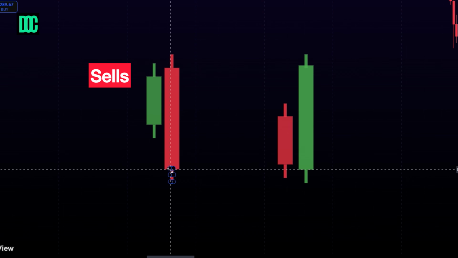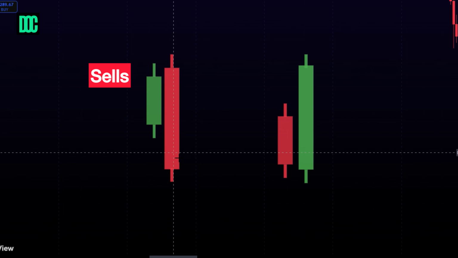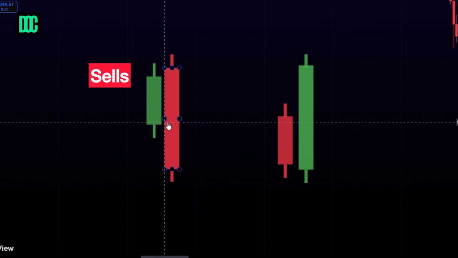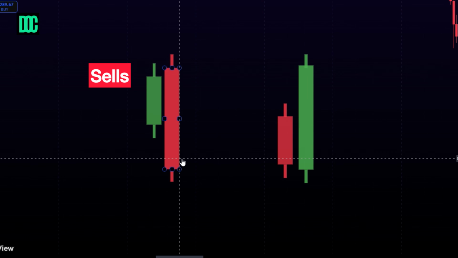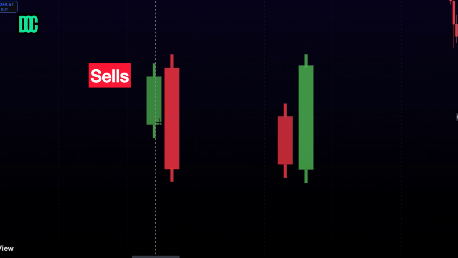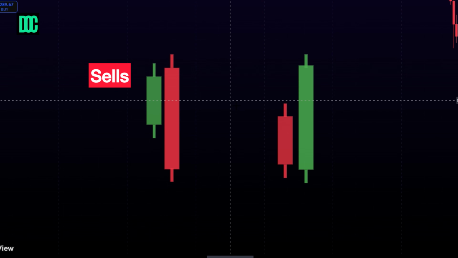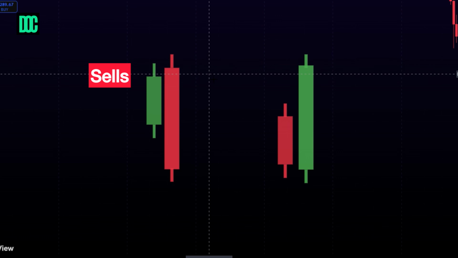And another thing about the body of an engulfing candle: if you want a strong signal in the particular direction you want to go in, whether it's a sell or a buy, that body should also close below or above the previous body. So in the case of looking for sells, the body should close below the previous candle's body. That will give you a stronger signal. So this is what you call an engulfing candle when looking for a sell scenario.